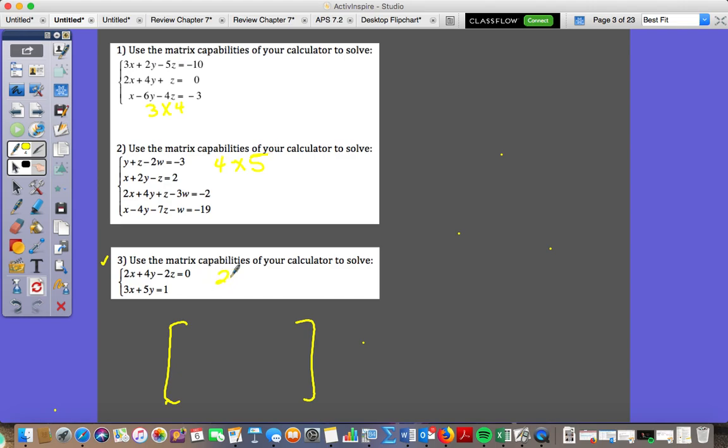We have 2 rows, 3 variables, and a solution. So this is going to be a 2 by 4, where 2 is the rows, 4 is the columns, and we're simply going to write the equation and their coefficients side by side. So we've got 2, 4, -2, and 0. On the second one, we have 3, 5, 0, and 1.